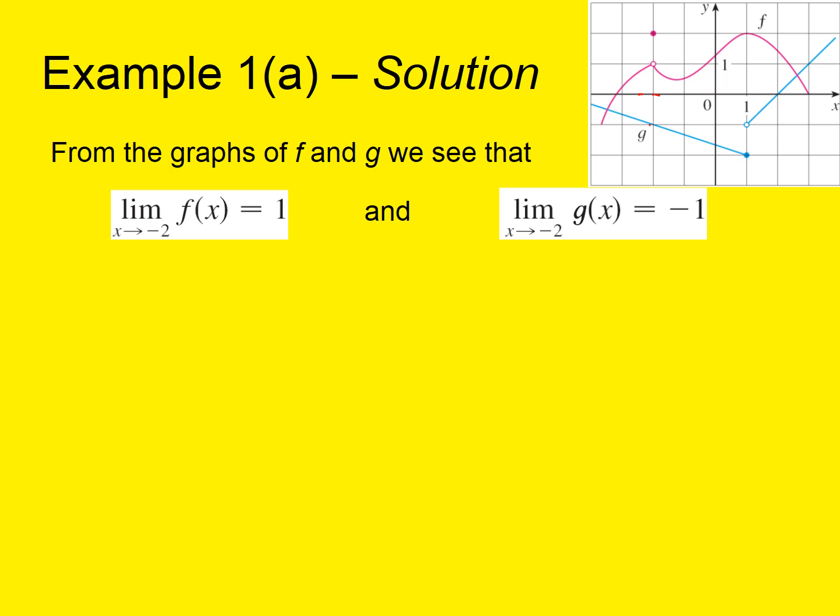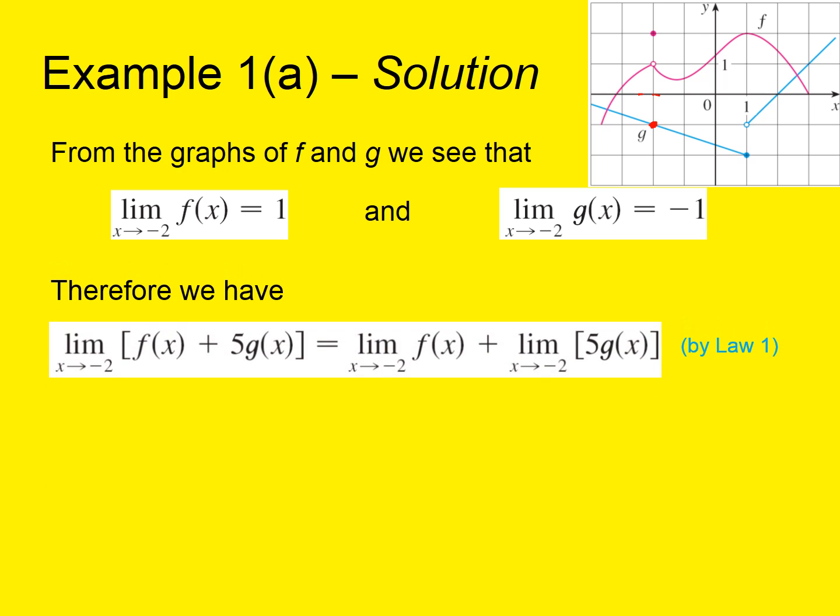And g of x has a value of -1 at x equals -2. Therefore, we can take these numbers, 1 and -1, and after using the limit laws, do some arithmetic.